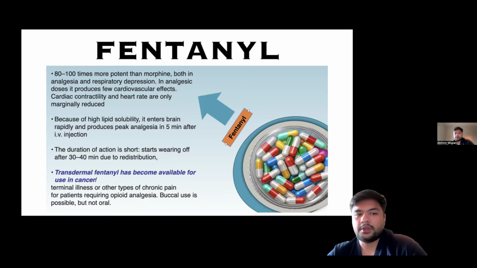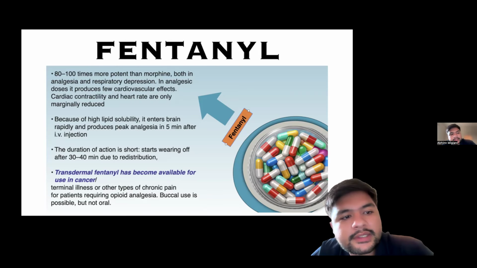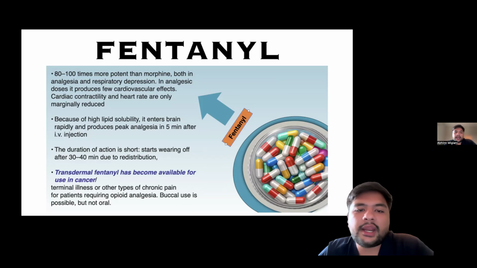Fentanyl. Coming to fentanyl, it's 80 to 100 times more potent than morphine, both in analgesia and respiratory depression. In analgesic doses, it produces few cardiovascular effects. Cardiac contractility and heart rate are only marginally reduced. Because of high lipid solubility, it enters the brain rapidly and produces peak analgesia 5 minutes after IV injection.